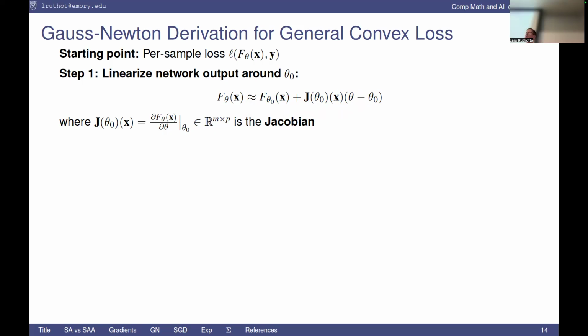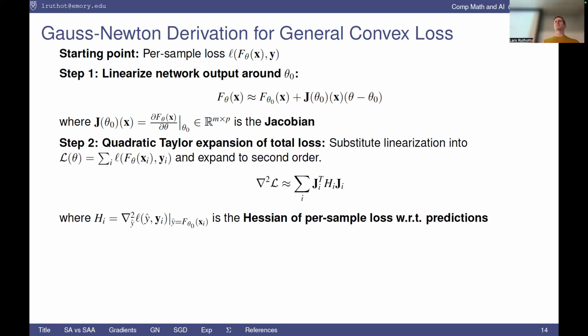But we'll take it one step further. We'll do a quadratic approximation, because that's usually what people do in Gauss-Newton. Now you plug the linearization into the loss function and then use the second order derivative. This H sub i is the second order derivative of this loss function. This matrix, as we just figured, is a 5 by 5 matrix, diag p minus pp transpose.